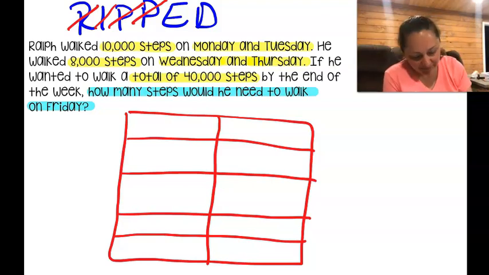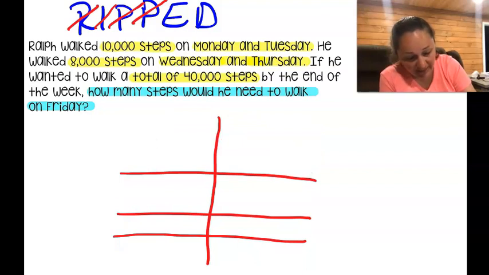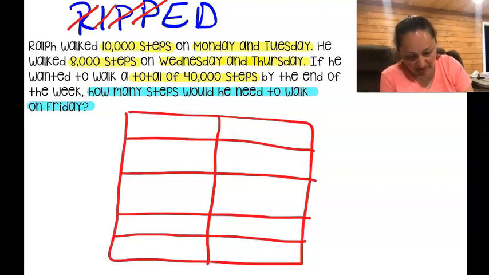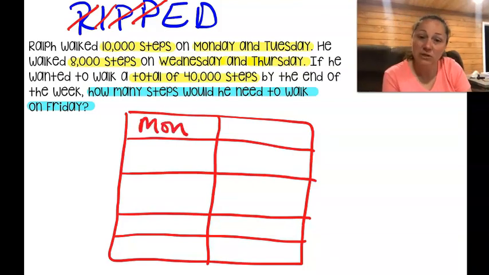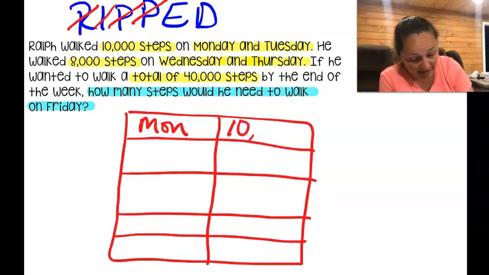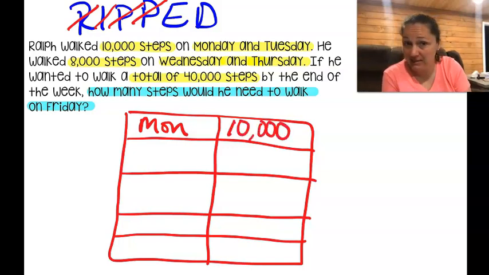It all happens. All right, so we have Monday. I'm going to write Monday, and Monday they said was 10,000. So I'm going to write 10,000 in my box. Tuesday is also 10,000.